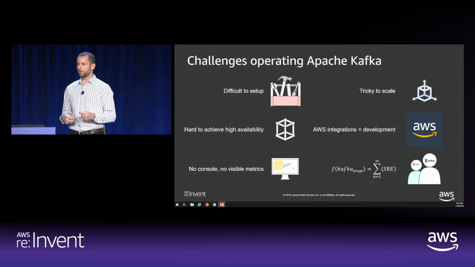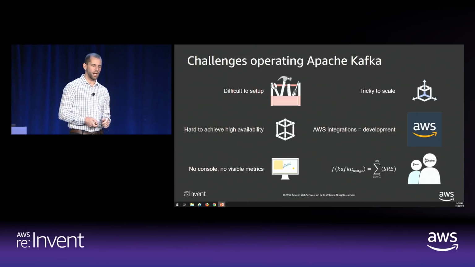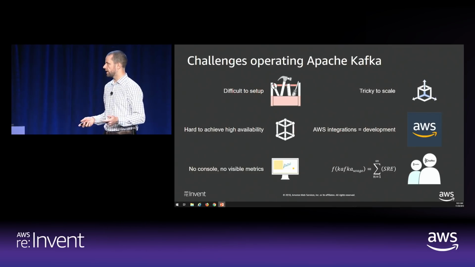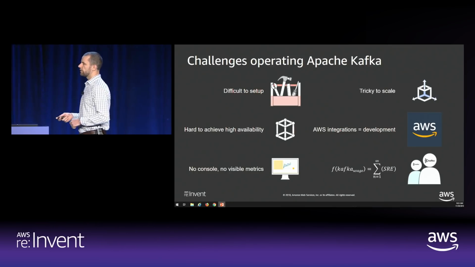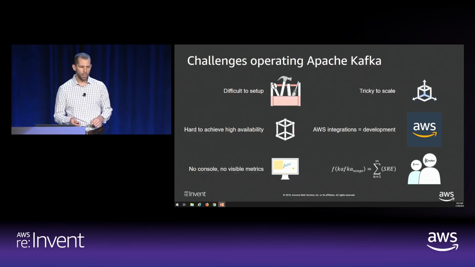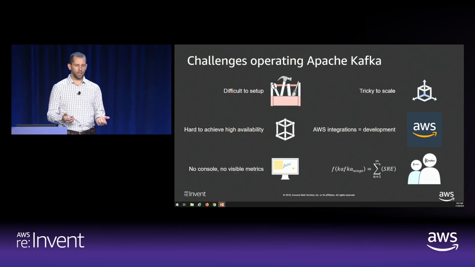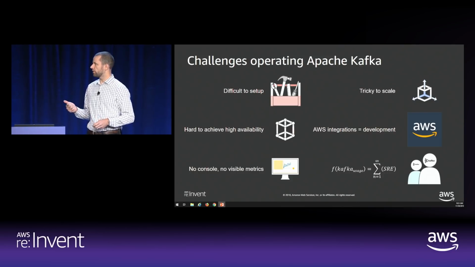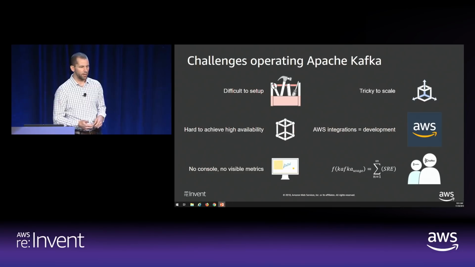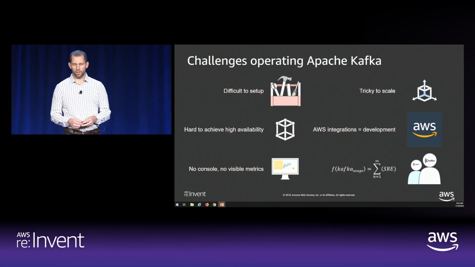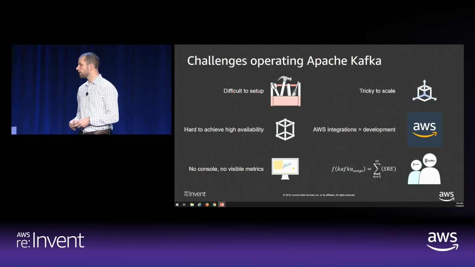You can quickly get started with it on your laptop, run it on a few brokers and get some data in and out, but it is difficult to set up for production. Our customers have told us that when you're running Kafka, you have to set it up so that the brokers themselves automatically heal when they go down. That way your production workloads can continue to run in case of a node failure. Same goes with Zookeeper.